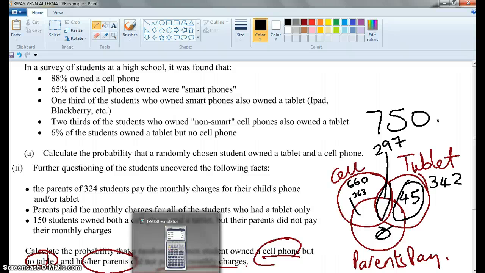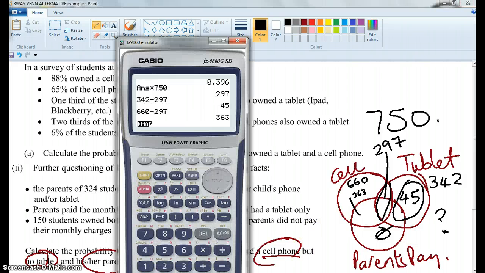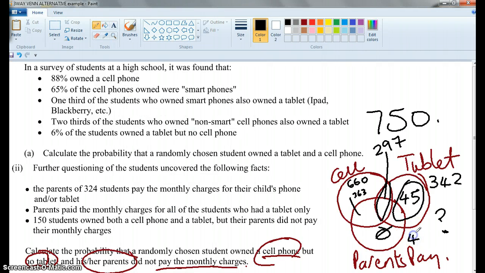So some of them don't have anything at all. So we need to find out how many students are out here where they don't have a cell and they don't have a tablet. So that was 0.06 as well. So that was also the 45. Yes. So there's 45 students out here.